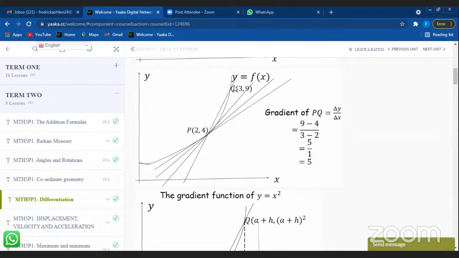The gradient of this line that is cutting the curve at the two points. So who can explain to us how that gradient is obtained?